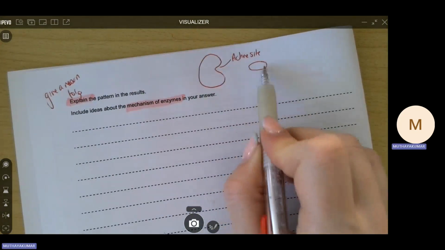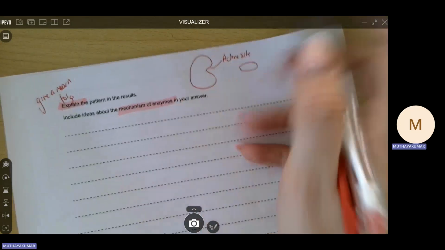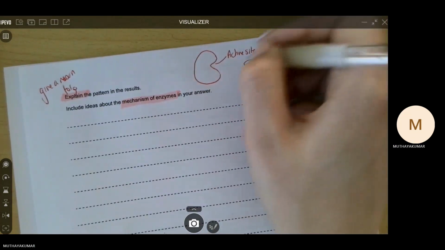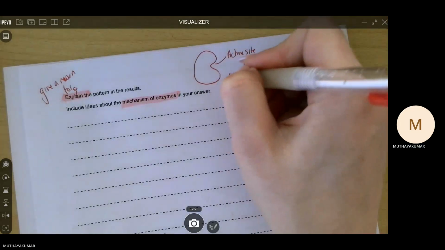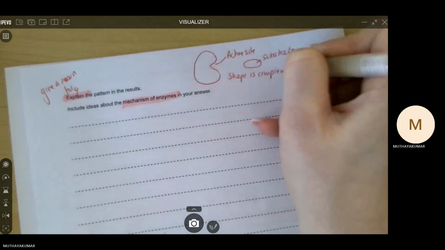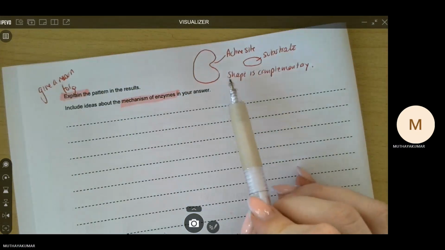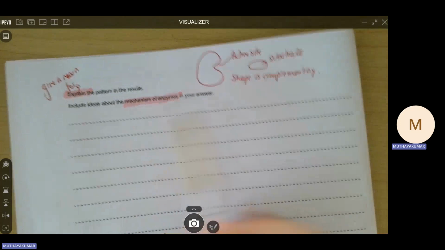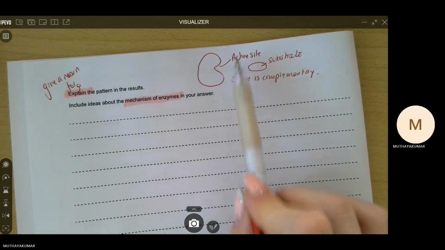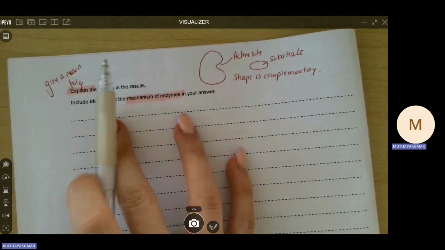So your substrate is complementary in shape, so it's specific to that. Whenever it says about mechanism of enzymes, make sure you bring in this knowledge. Your substrate is going to bind to your active site in your enzyme and get broken down into its products.